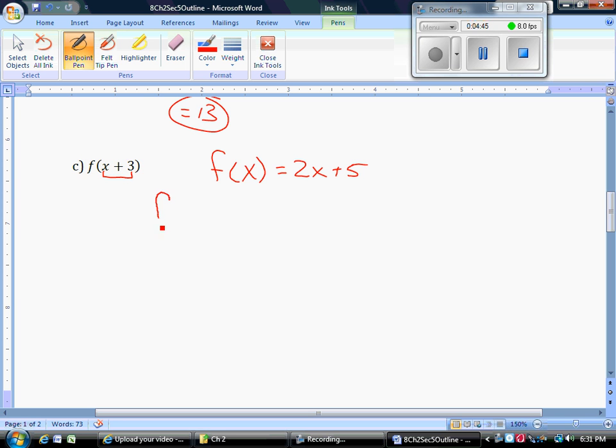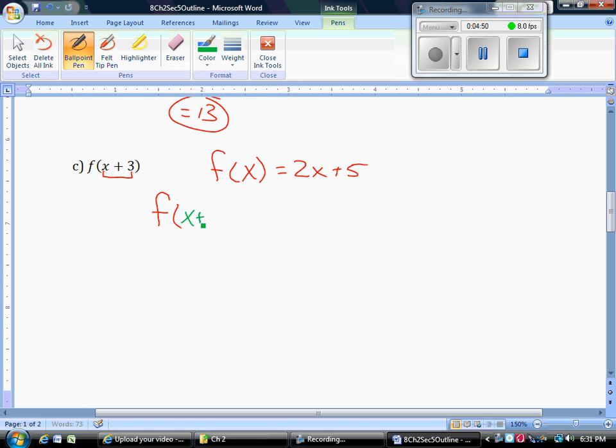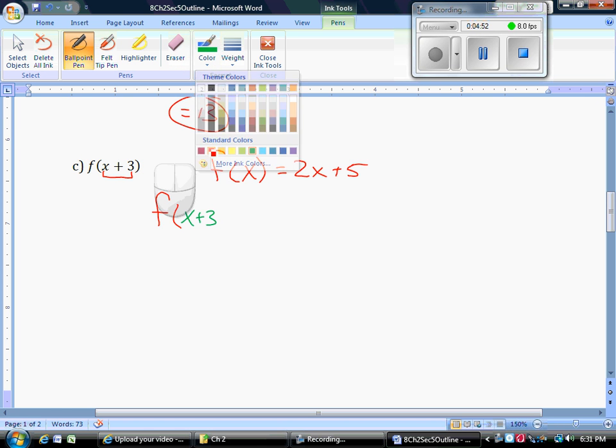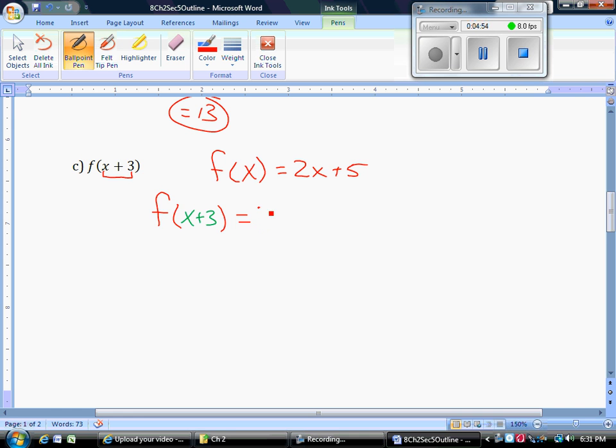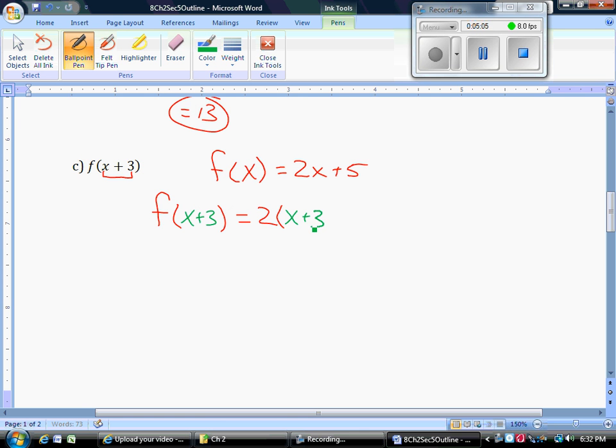So I have f of x plus 3 equals 2. Now here's where I replace it. Where I had 2x, now I'm going to have 2 times x plus 3 plus 5. And I'm still just simplifying as far as I can.